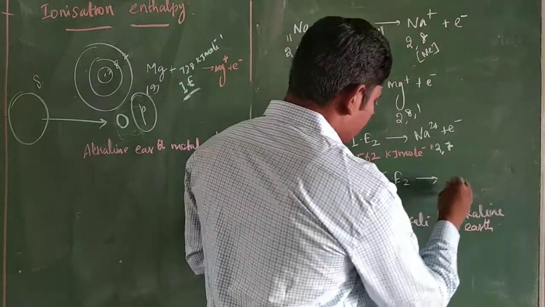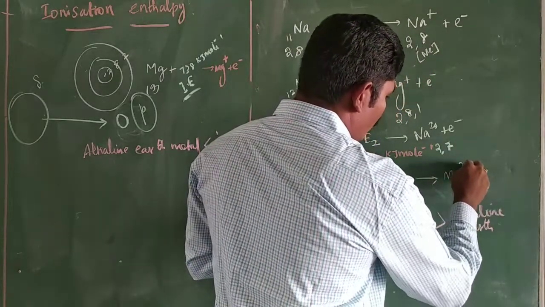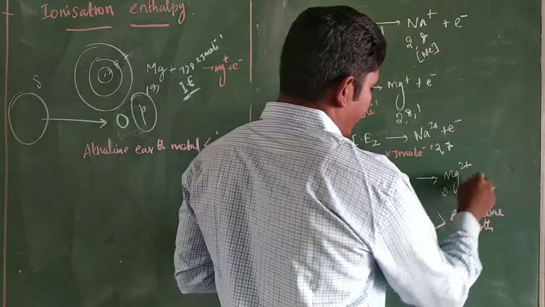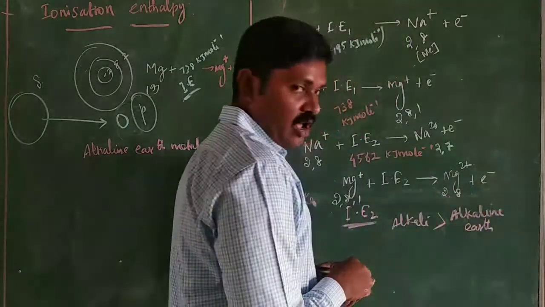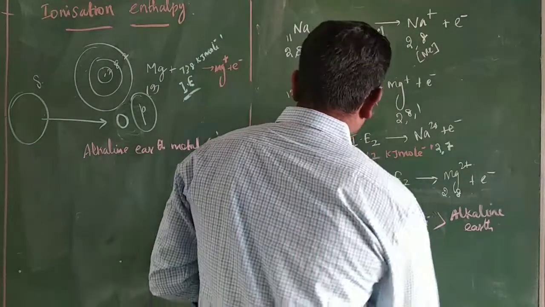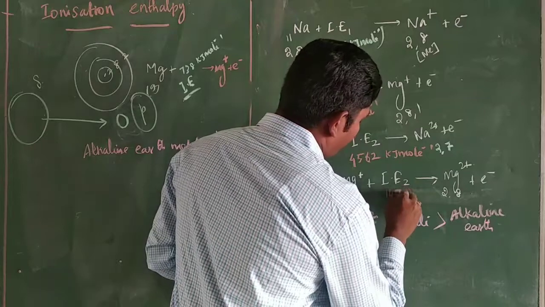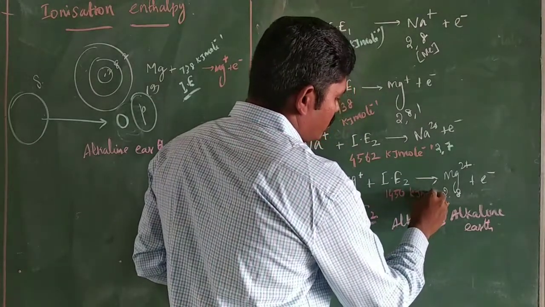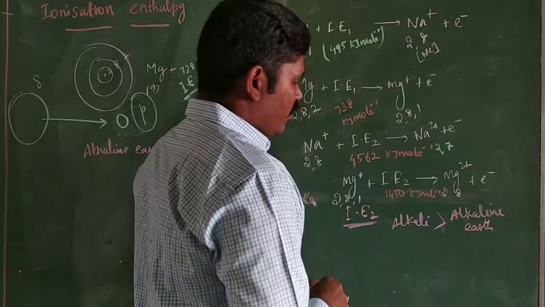energy: Mg2+ reaches the stable electronic configuration 2,8 with loss of 1 electron. The second ionization energy of magnesium is 1450 kilojoule per mole.